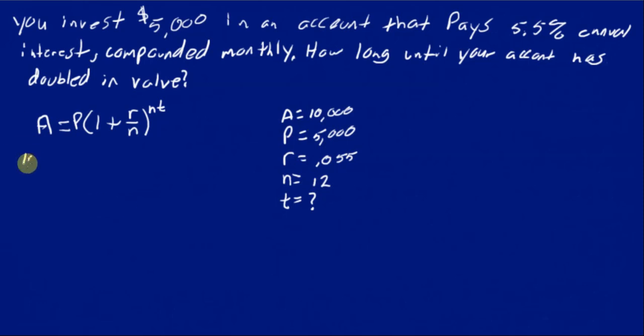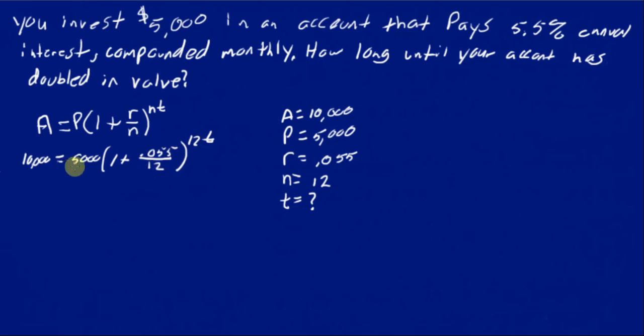So we're going to take 10,000 is equal to our 5,000 here. Simple substitution in. 1 plus 0.055 all over 12 raised to the 12t. So nothing looks different so far.